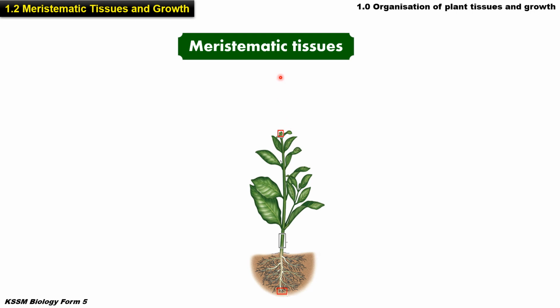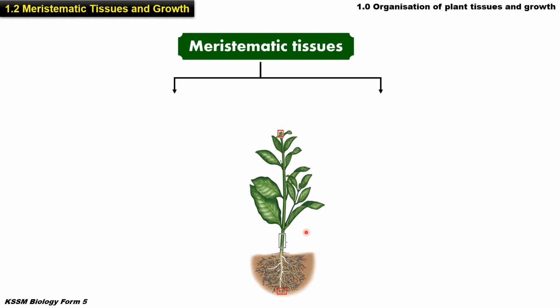The shoot will grow upward, ke atas, and the root will go downwards, pergi ke bawah. Itu je ke? Tak, ada lagi, which is the diameter for the plants will grow laterally. Maksudnya dia akan gemuk, gemuk, gemuk dan gemuk, side by side dia akan grow.